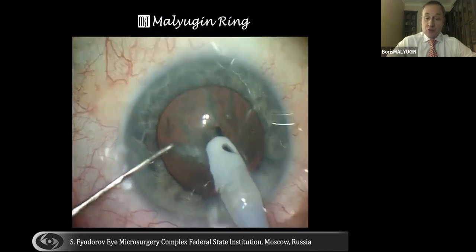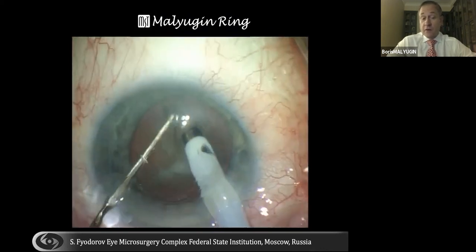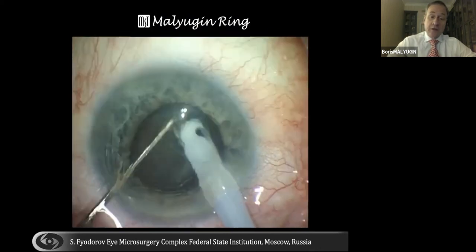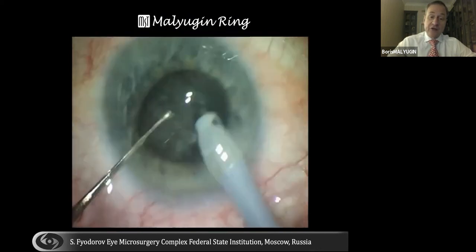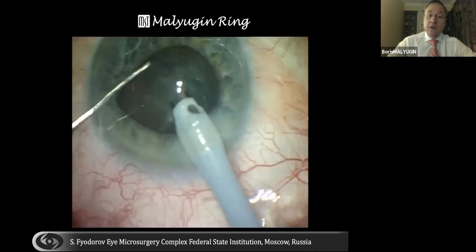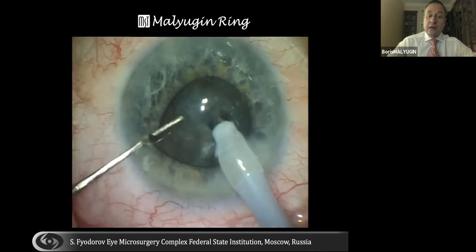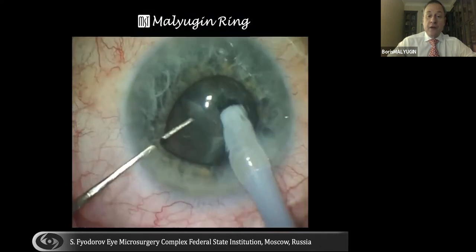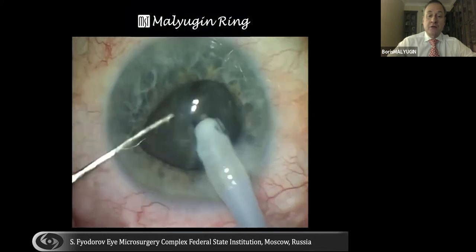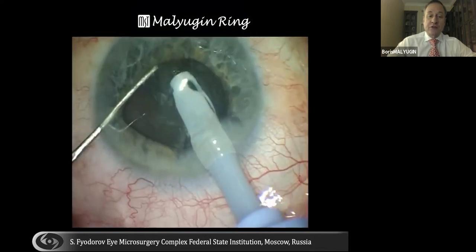This is a patient with intraoperative floppy iris syndrome, and as soon as the viscoelastic left the anterior chamber, you see that the iris becomes billowing under the irrigation currents, and the pupil starts progressively constricting and prolapsing through the side port incision.